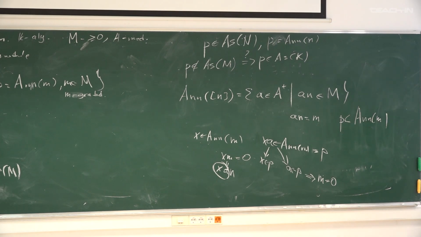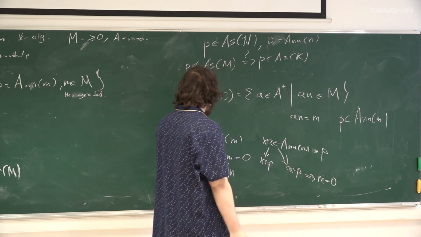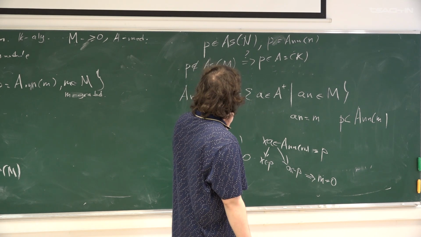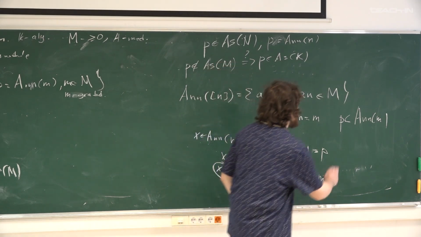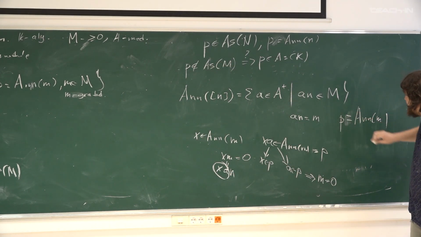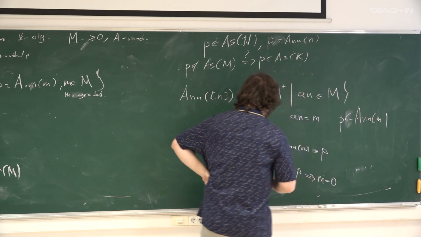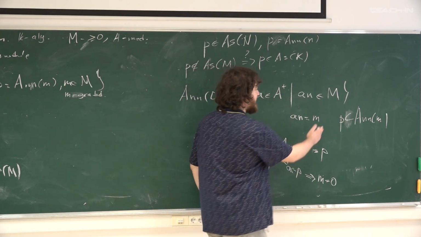What does it mean? If for any x this is 0, then in the opposite direction, if for any x in the annihilator of m I obtain that x is in P, I obtain equality here.